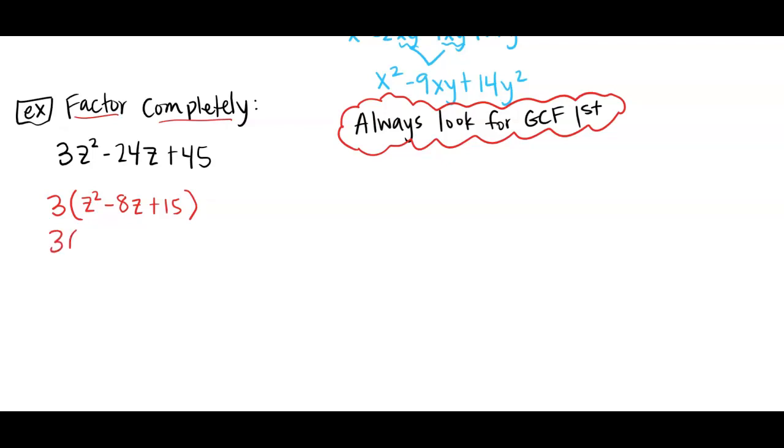All right. So now I'm trying to think, could I factor this trinomial into these two different parentheses like this? So what times what is z squared? That would be z times z. What times what is 15 that adds to be negative 8?